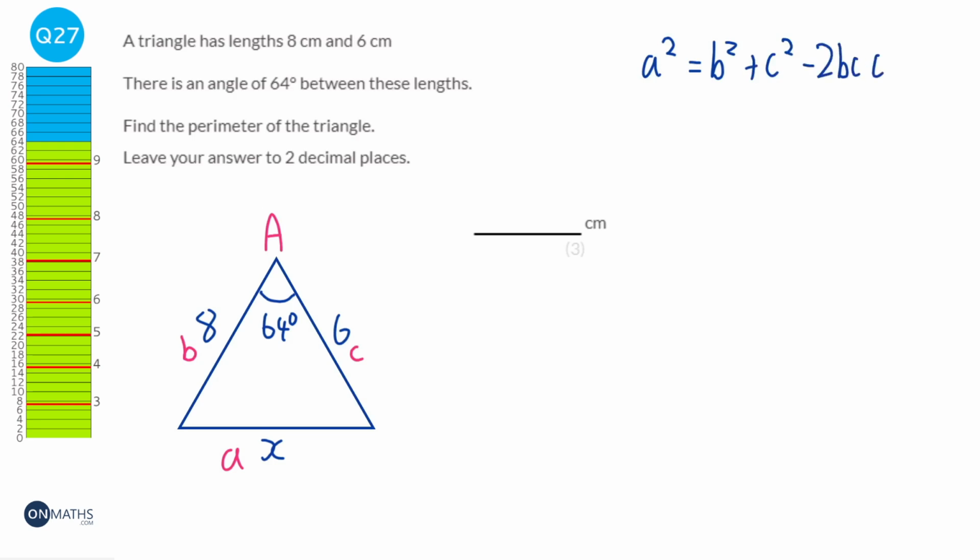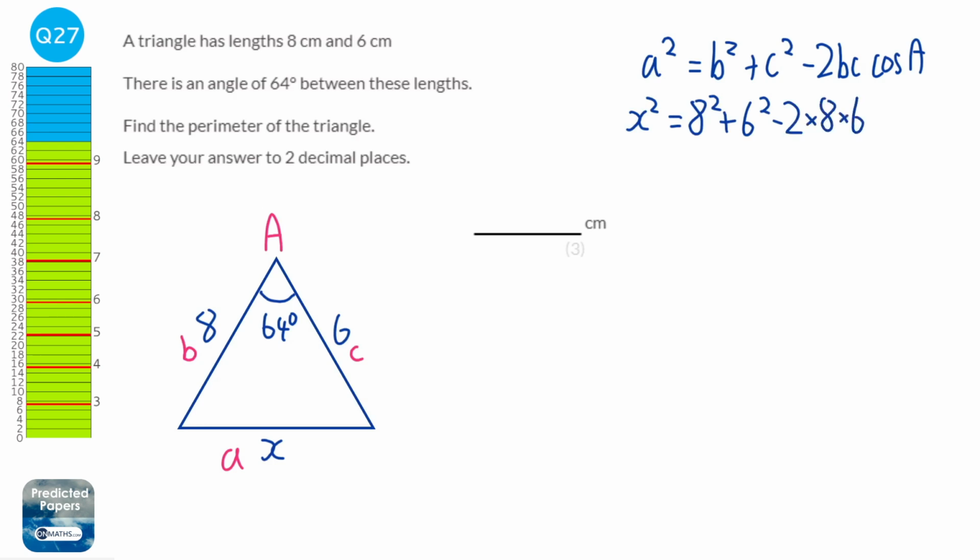2bc cos A. And so that would be x squared equals 8 squared plus 6 squared minus 2 times 8 times 6 times cos 64. And that will be x squared equals 57.916 and so on.